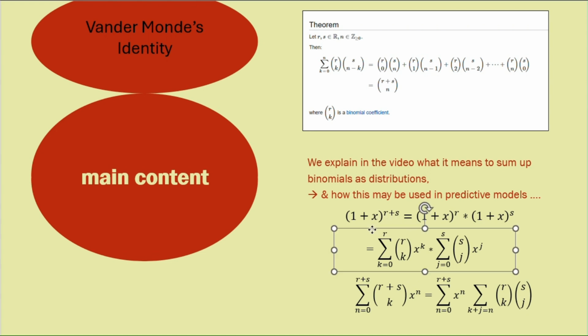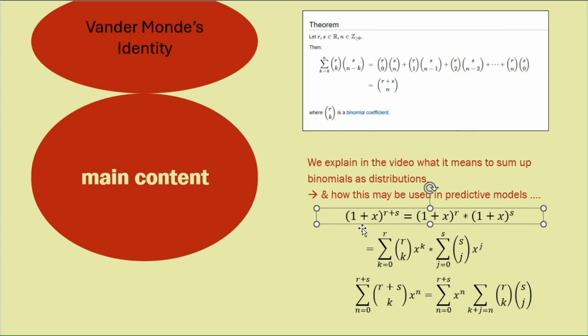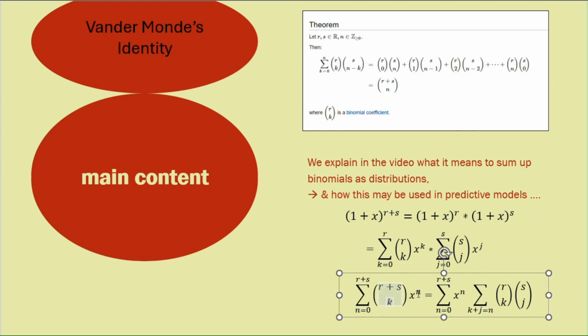So to prove that, it really suffices to just expand the product (1 plus x) to the power r plus s. If you expand the left hand side, what you get is r plus s choose n times x to the n for n equals 0 to r plus s.